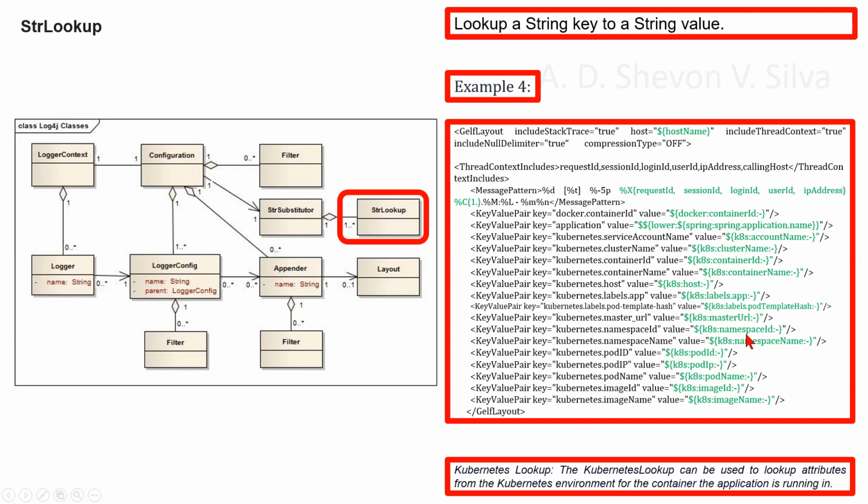Namespace ID, the ID of the namespace the various components are located within. Namespace name, the namespace the various Kubernetes components are located within. Pod ID, the pod's ID.